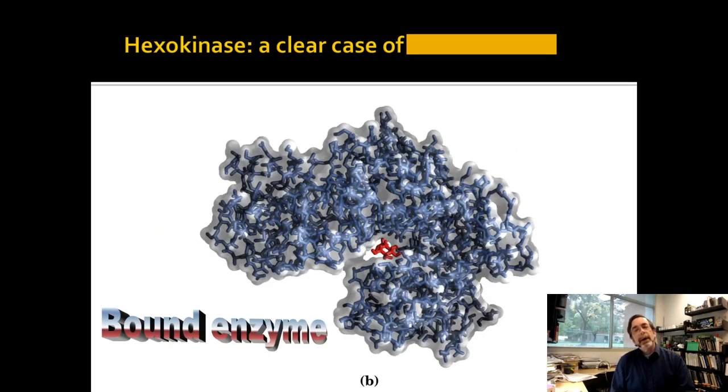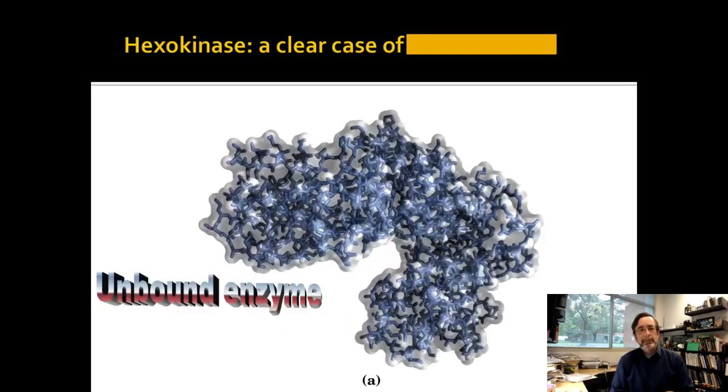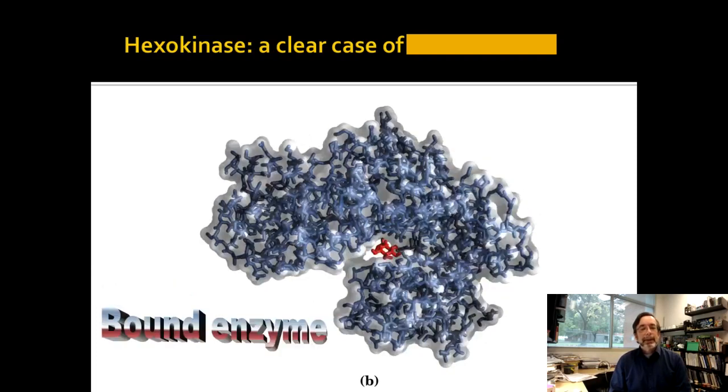If you see the bound enzyme, you can see that it's kind of bitten down on the sugar molecule shown in red in the middle. The unbound enzyme, with no sugar in the middle, the whole enzyme is floppier. It's opened up. And so the sugar binding site is on the very inside, and the important thing for me to show you, the ATP binding site is right here.